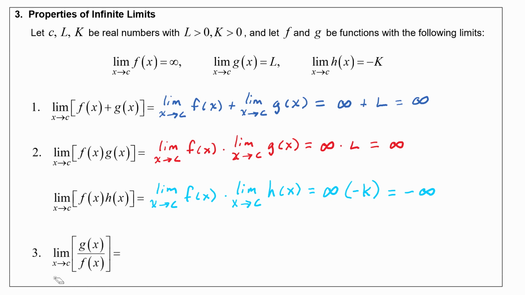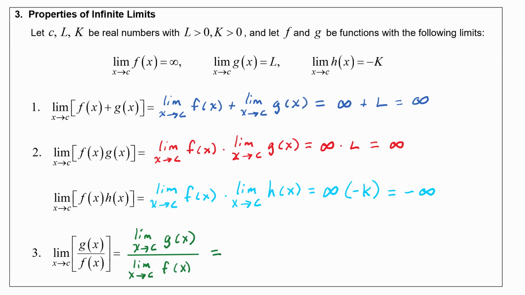And lastly, the limit as x approaches c of the quotient g of x over f of x will be the limit as x approaches c of g of x over the limit as x approaches c of f of x.